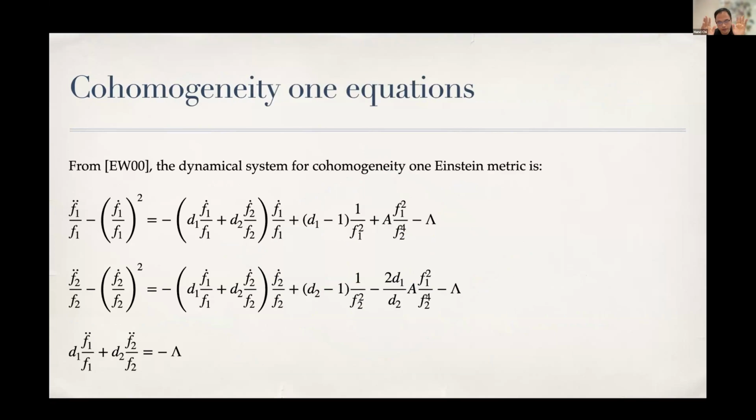Right, so according to the work done by Eschenburg and Wang, they give a very systematic way to study the initial value problems of the cohomogeneity one Einstein equation. Using that formulation, you can write down the ODE fairly easily, and you can see there's a constant capital A right here.